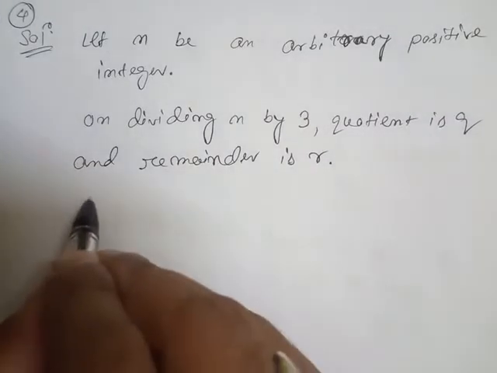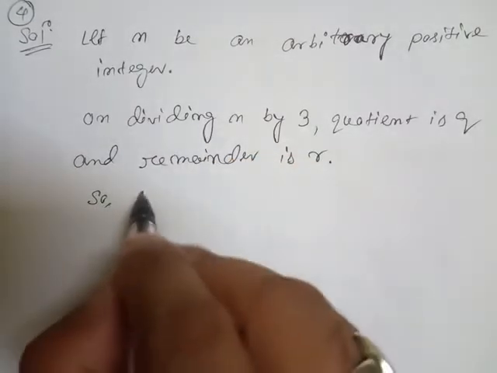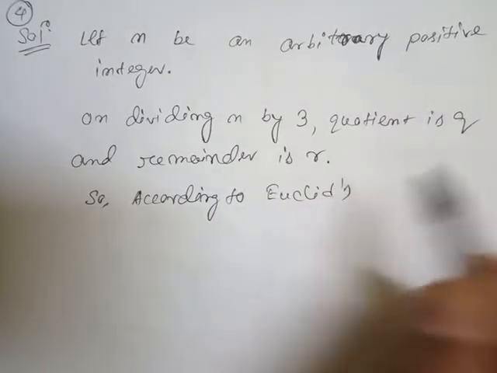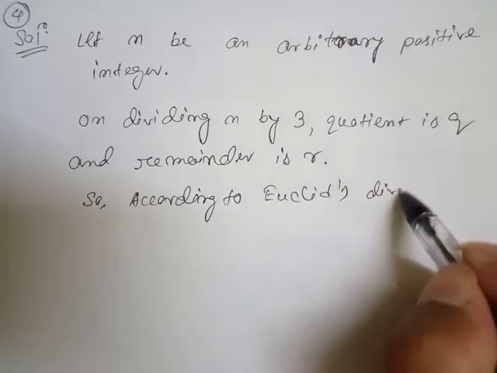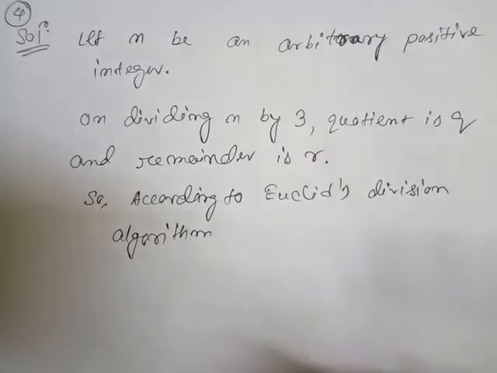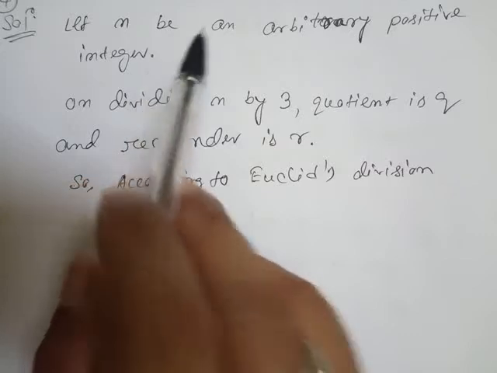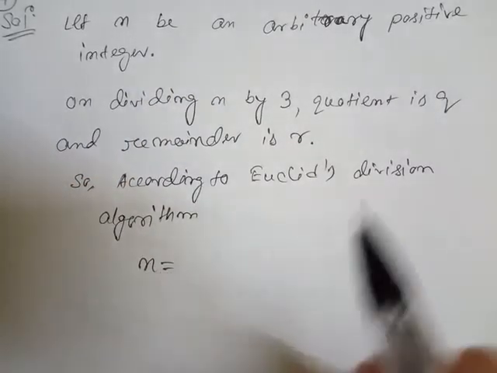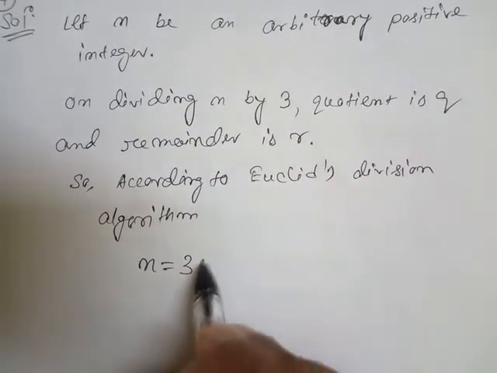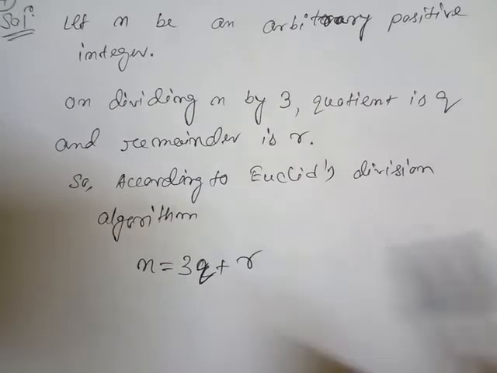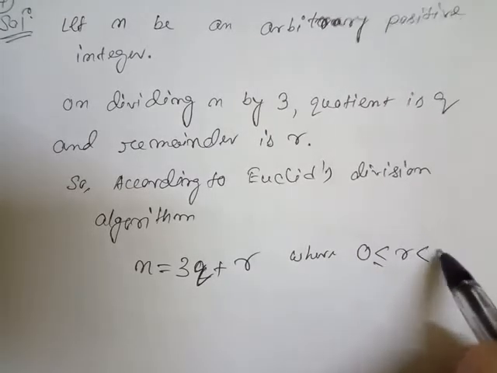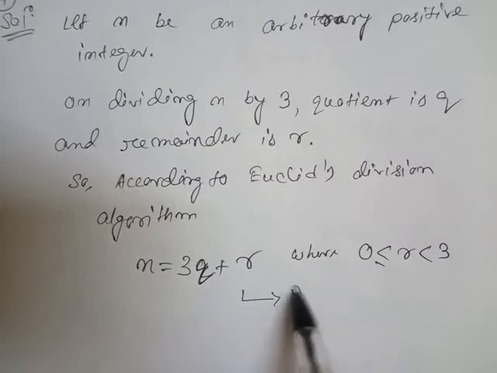According to Euclid's division algorithm, n is the arbitrary integer, so n equals, 3 is the divisor and quotient is q, so 3q plus r, where 0 is less than or equal to r less than 3, and this is our equation number 1.